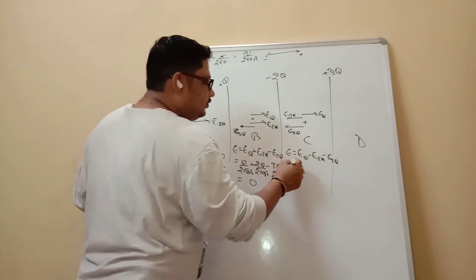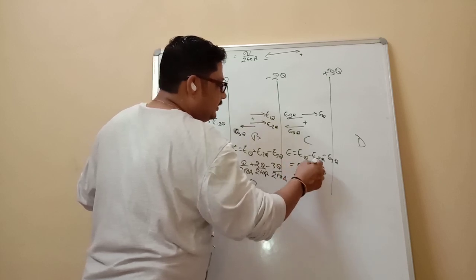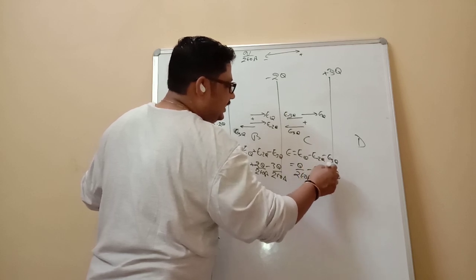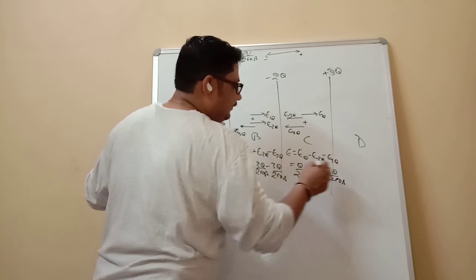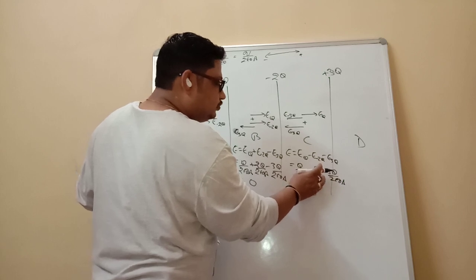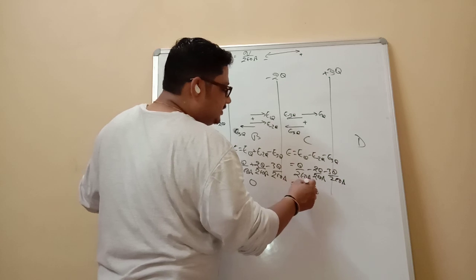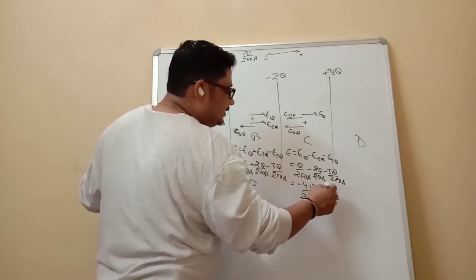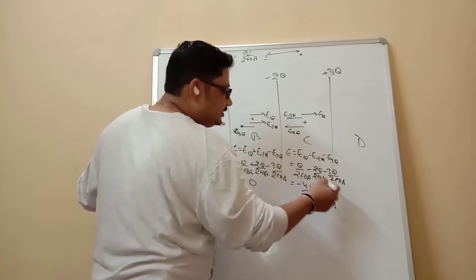Now if you put in the values, E is equal to q upon 2 epsilon naught A minus 2q upon 2 epsilon naught A minus 3q upon 2 epsilon naught A. Now this is minus 2q minus 3q, minus 5q, plus q will be minus 4q upon 2 epsilon naught A. This will be minus 2q upon epsilon naught A. This is the net electric field.